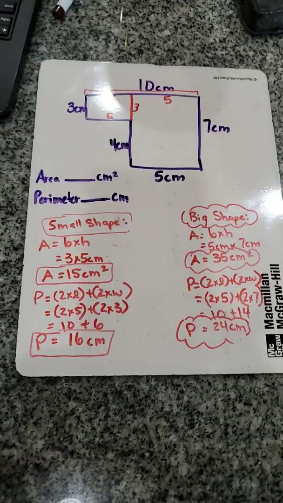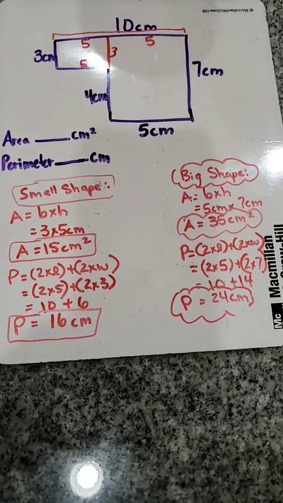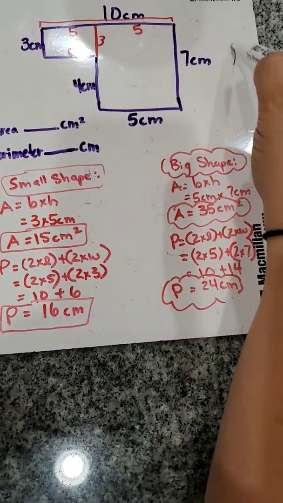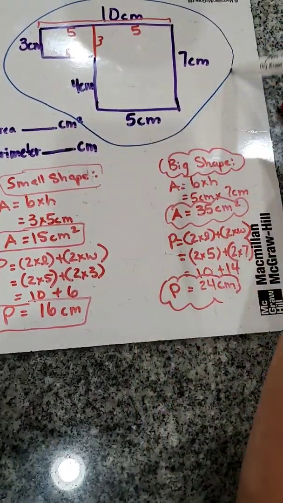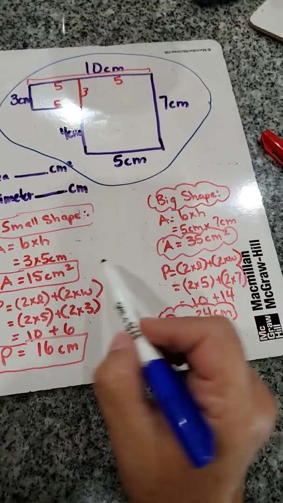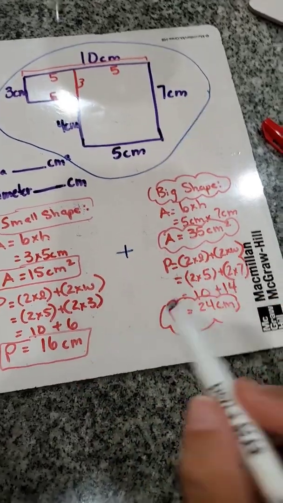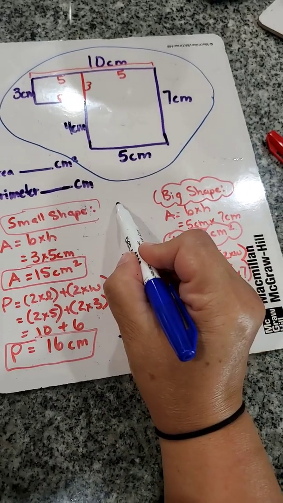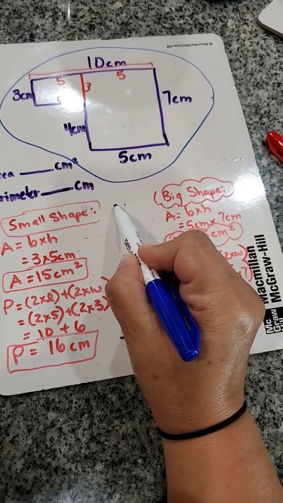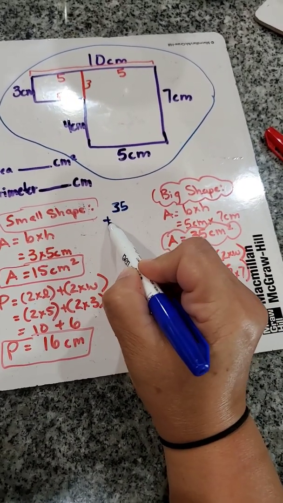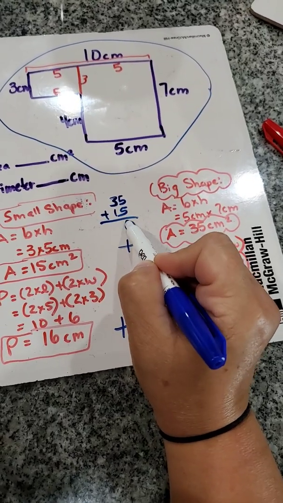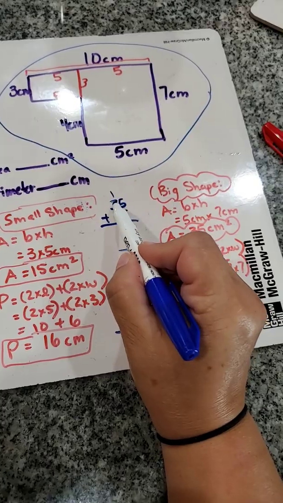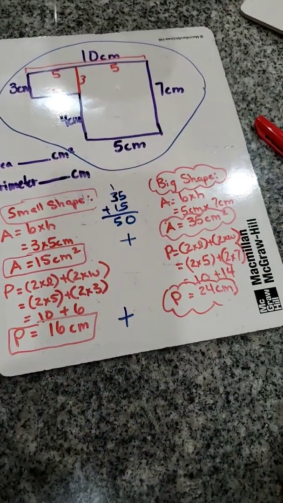Are we finished yet? No. Now we must do what? If we want the area and the perimeter of this entire shape, we must add both areas and both perimeters. So now we must say 35 plus 15 is 5 plus 5 is 10. 1 plus 3 is 4 plus 1 is 5.